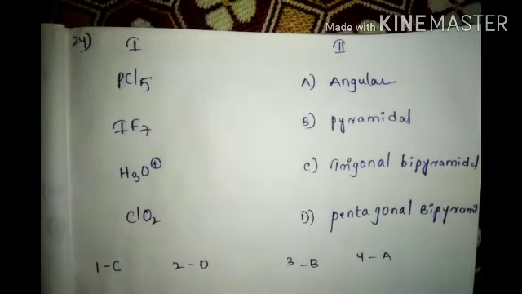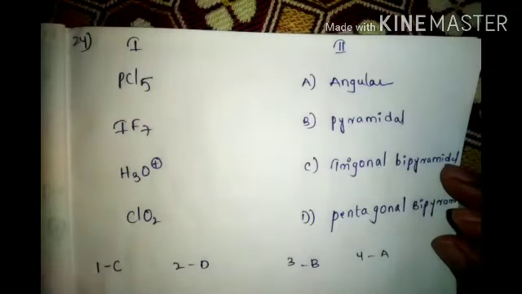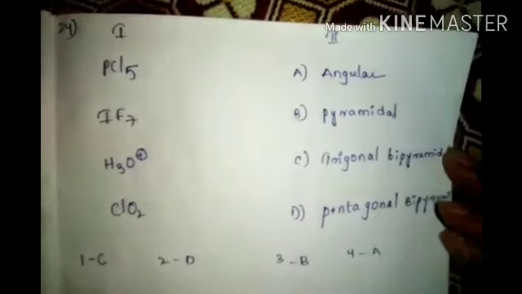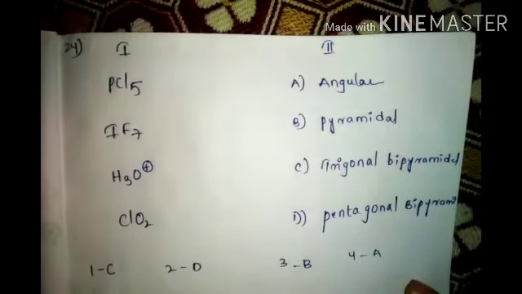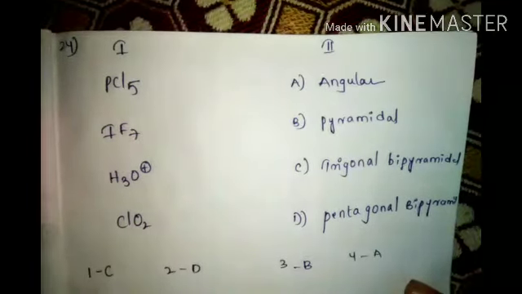Next question, match the following question. It is PCl5, IF7, H3O plus, ClO2. Angular, pyramidal, trigonal bipyramidal, and pentagonal bipyramidal. Okay. So now look at PCl5.